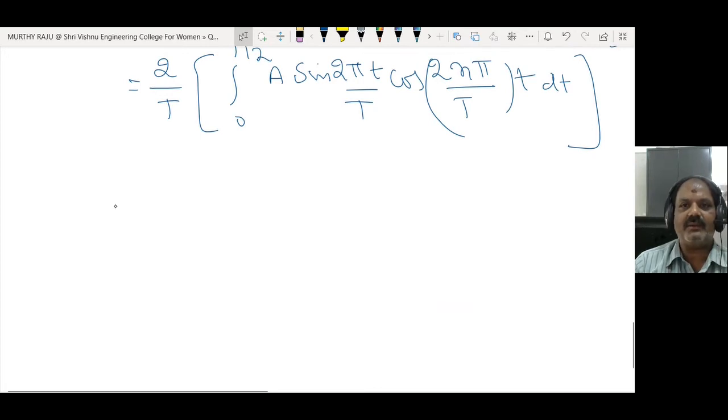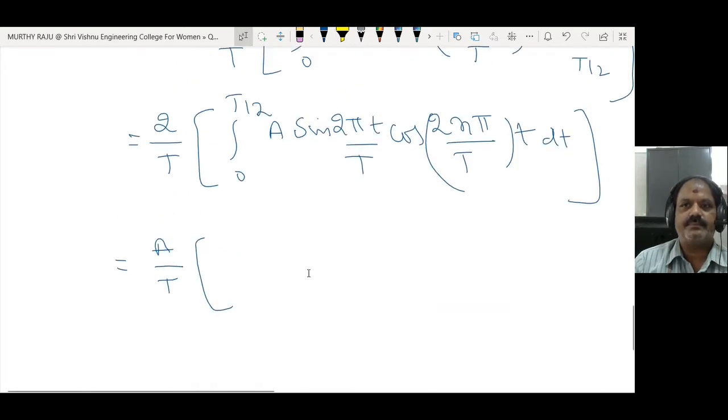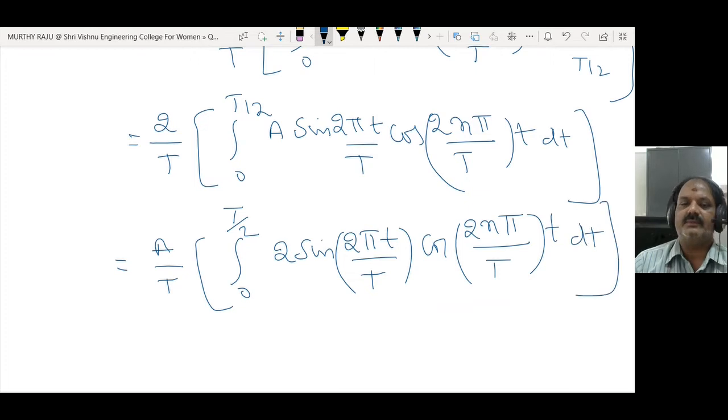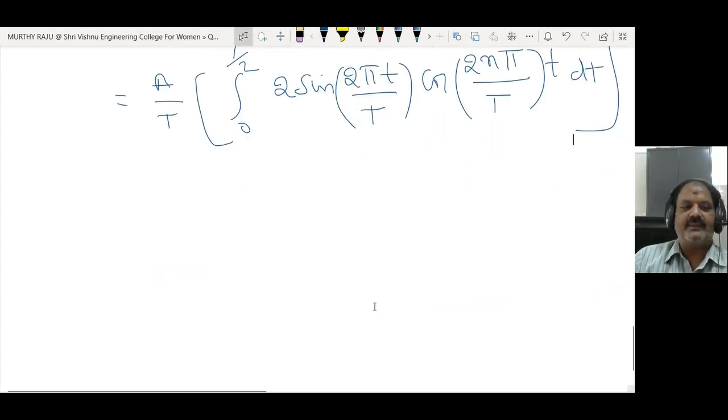Here bring out A by capital T, integral 0 to T by 2 of 2 sin 2 pi t by T cos 2n pi t by T dt. Using 2 sin A cos B, that is sin(A plus B) plus sin(A minus B).